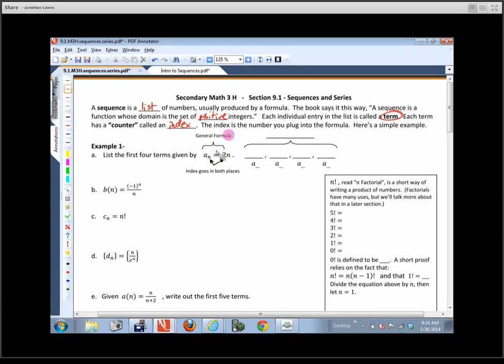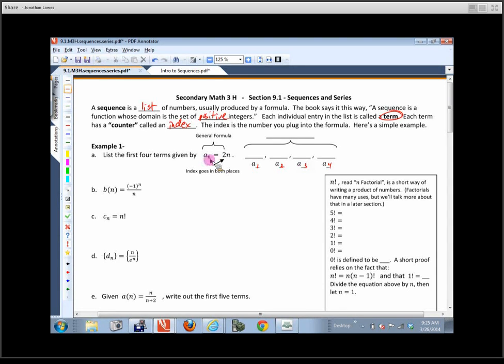So this is a general formula that's going to produce a sequence. And if I put the indices on here, the counters on each one of these, this would be the first term, the second term, the third term, and the fourth term. So again, because it's the first one, there's a 1 associated with it, there's a 2 associated with the second one, a 3 associated with the third one, and so forth. And that index tells you what you plug into the formula to produce the term.